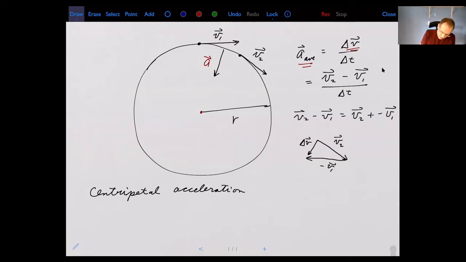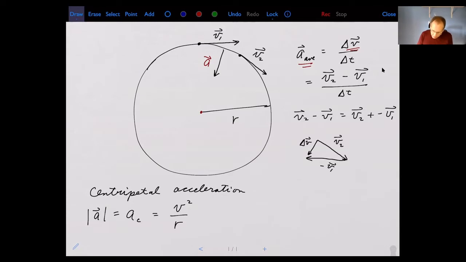So let me just give that to you now. Sometimes you write the magnitude as absolute value of a, or you could just say a. I'll write a little c here to remind you that it's centripetal acceleration. And remember from lecture, it's equal to v squared over r. So that's the magnitude, but the direction is towards the center.